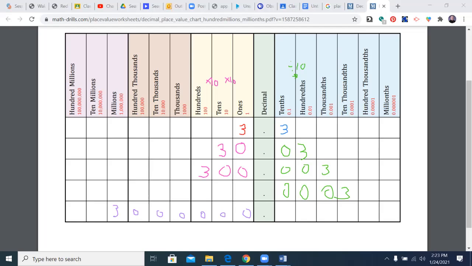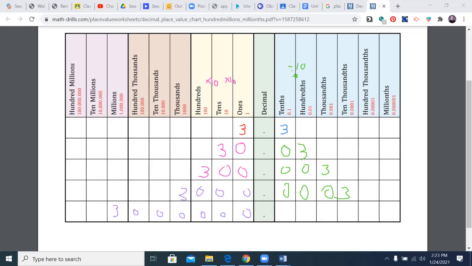And as it so happens, 10,000s go up to 100 of those, and we end up getting to 3 million. Go to the thousands. That's 10 times, 100 times, 1,000 times, and 10,000 times.